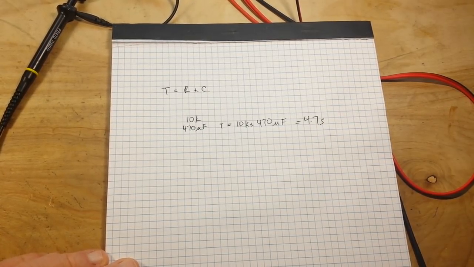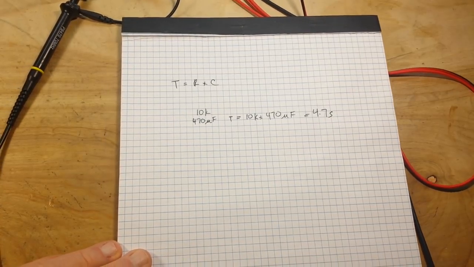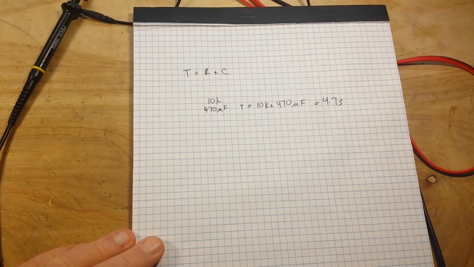It all seems rather simple, doesn't it? And it really is. But it's one of the most important concepts that you have to grasp in electronics. So let me draw you a little circuit here real quick.